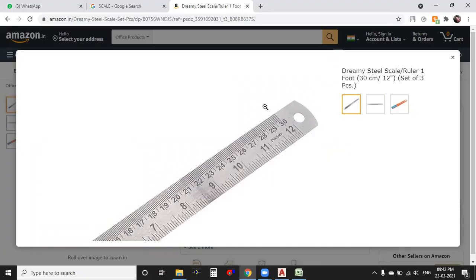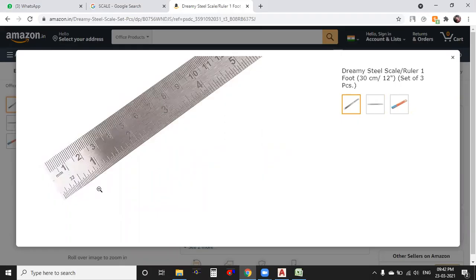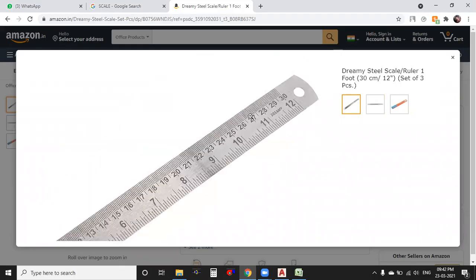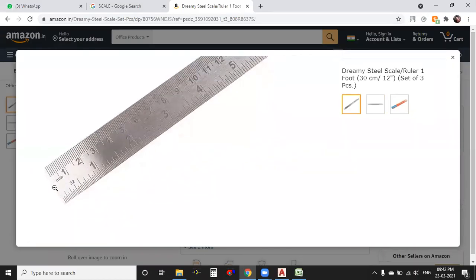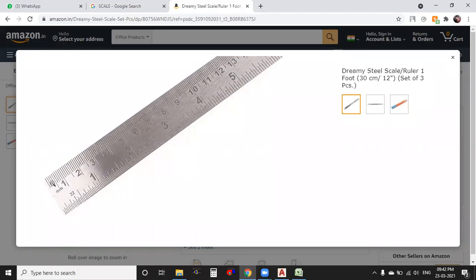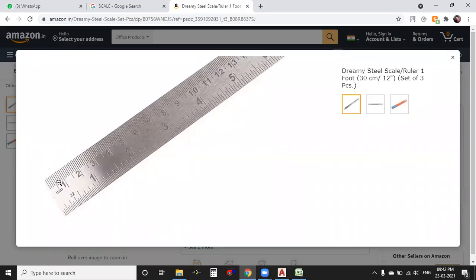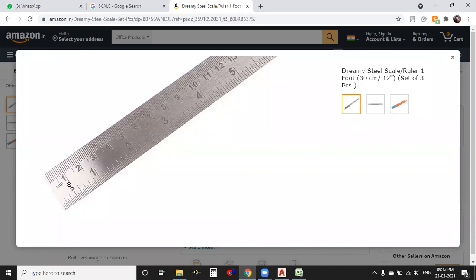This is a 30 centimeter scale. If you go for millimeters, 1 centimeter has 10 millimeters. If you see here, you get 1, 2, 3, up to 10. The 10th line is 1 centimeter, equal to 10 millimeters.